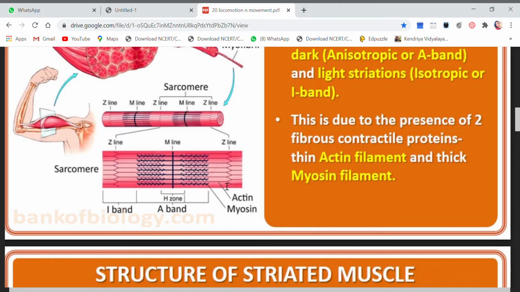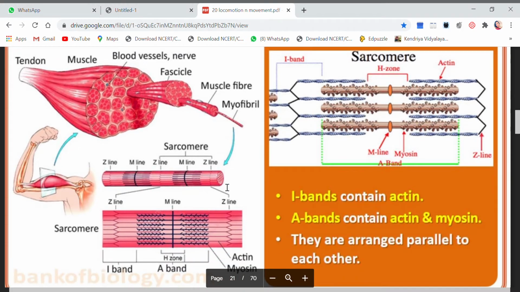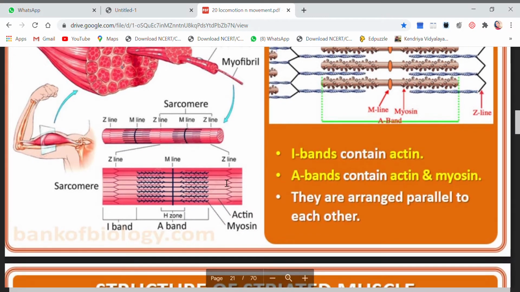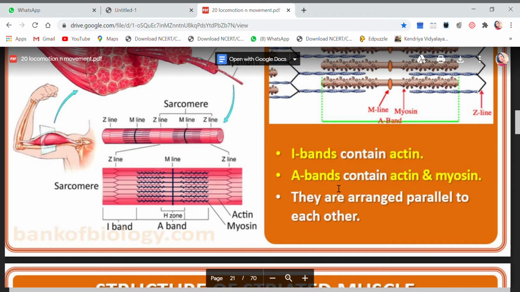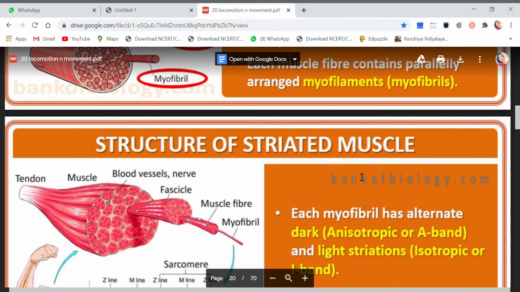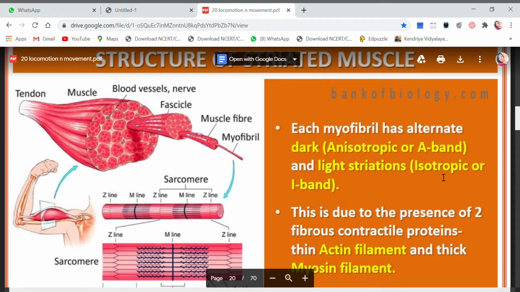Now we'll be moving on further. I bands contain only actin, A bands contain actin and myosin. As we told you, I bands or isotropic bands are light striations.